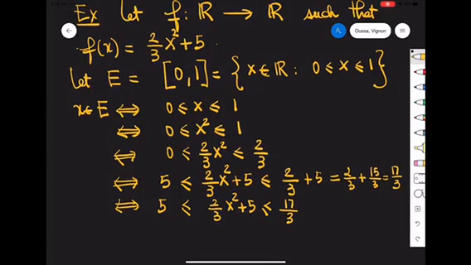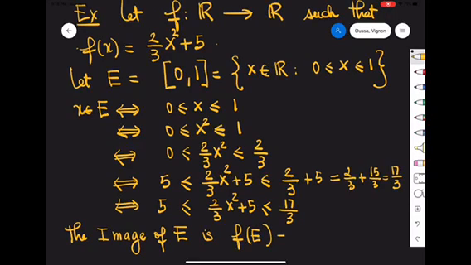So the image of E, which is f of E, is clearly the closed interval from 5 to 17/3.